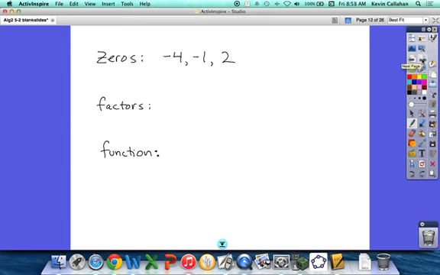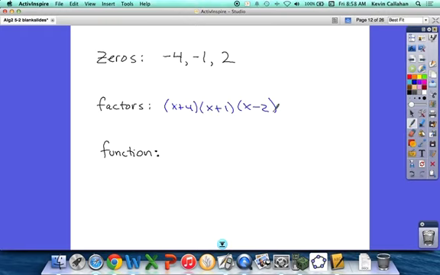Okay, so let's see. If I have zeros of -4, -1, and +2, what are the linear factors? No, remember the linear factor's got an x in it. Okay, so this would be x plus 4. What's next? x plus 1, x minus 2.